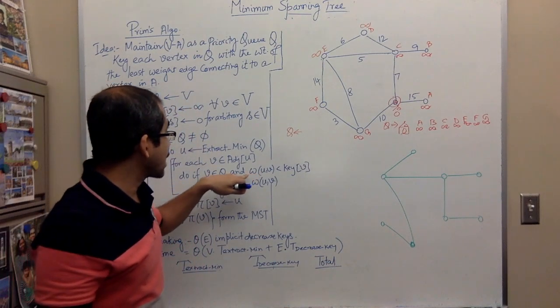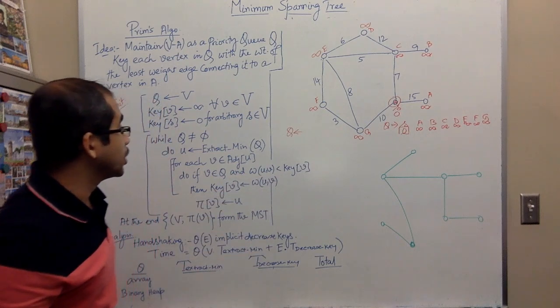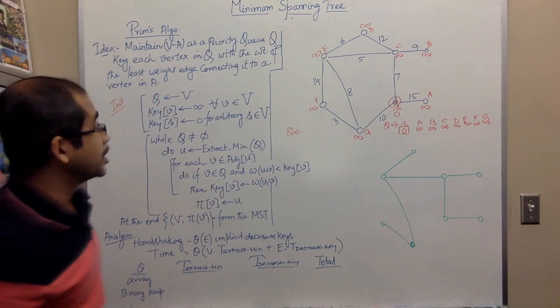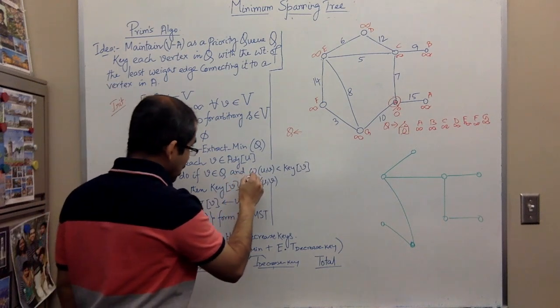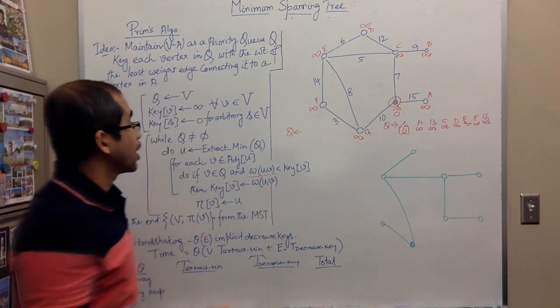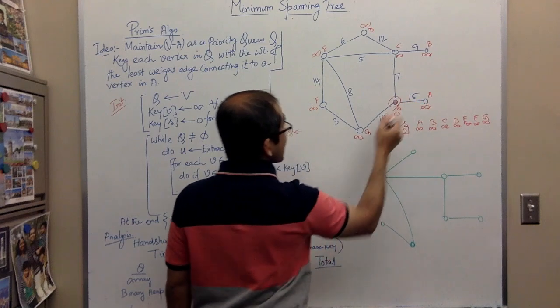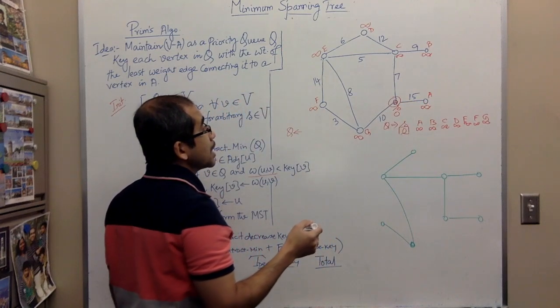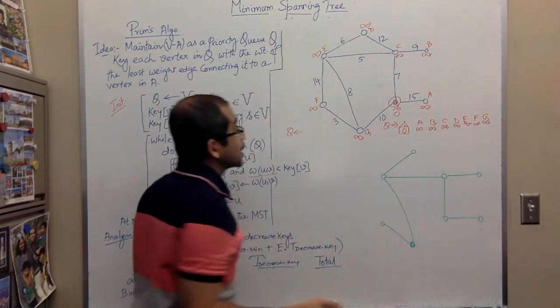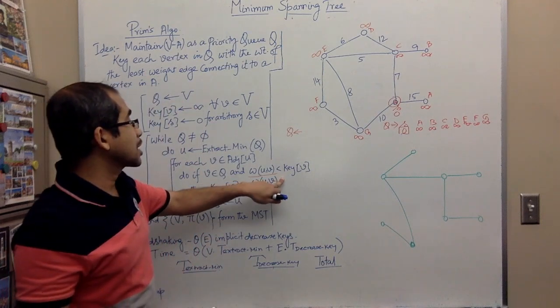If their distance estimate, the weight of the edge connecting U and V, is less than key of V. So S to A, the edge weight is 15 and the distance estimate of A is infinity, so this condition is satisfied.